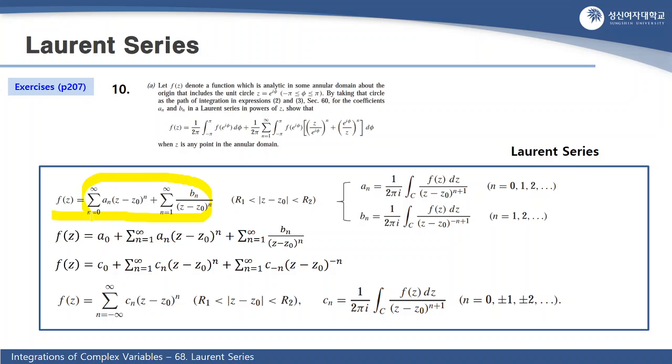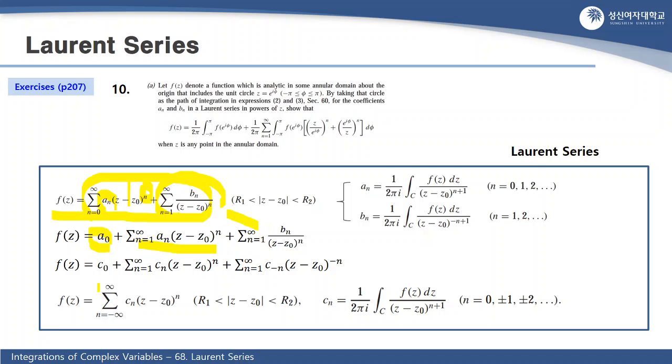This right hand side can be rewritten like this: for the case of n equal to 0, this part will be 1, then we get a0 here, and then the remaining things, the summation n equals 1 to infinity of a_n, are the same.